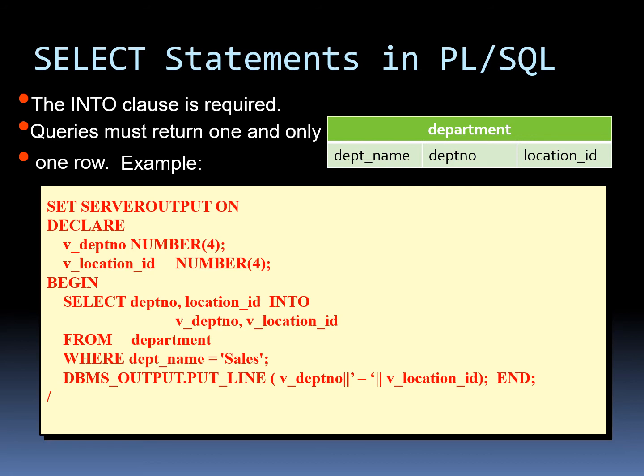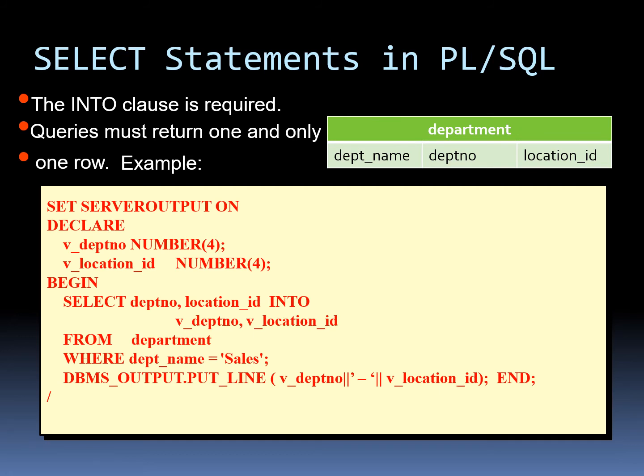In the BEGIN section we have used this statement: select department_number, location_id into v_department_number, v_location_id from department where department_name is equal to 'Sales'. In this query, we are going to retrieve the values of the department number and location ID from the table where the department name is Sales.